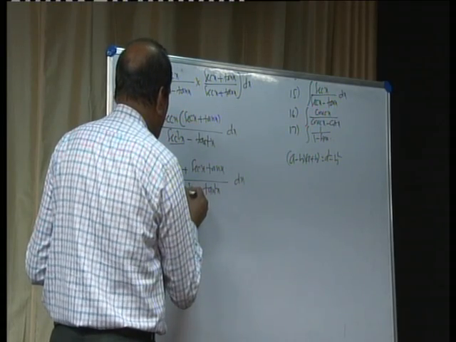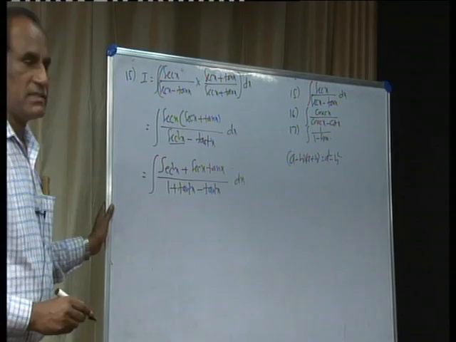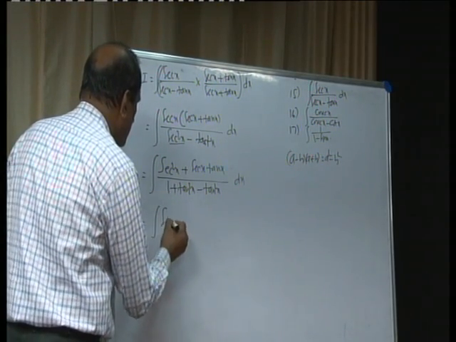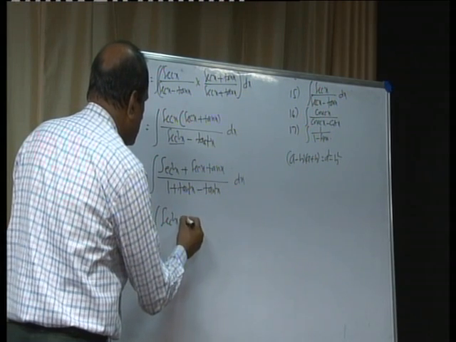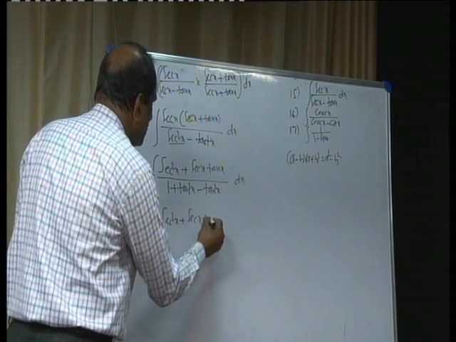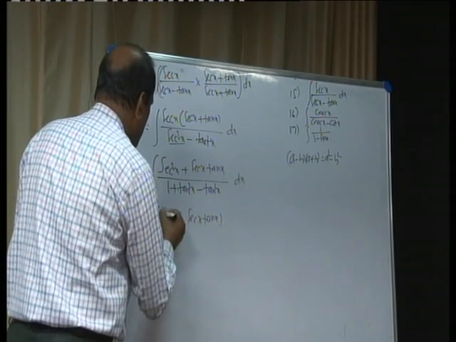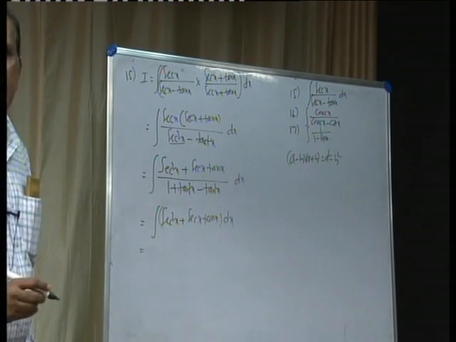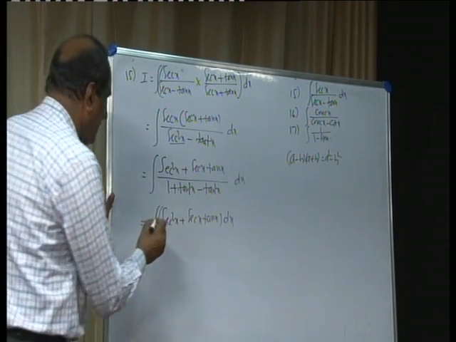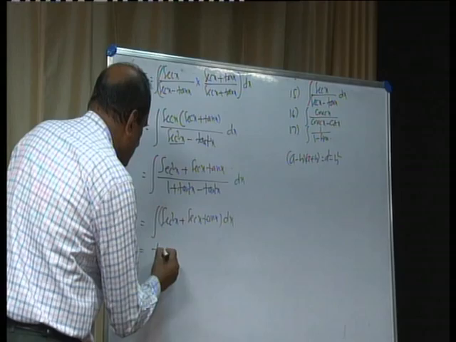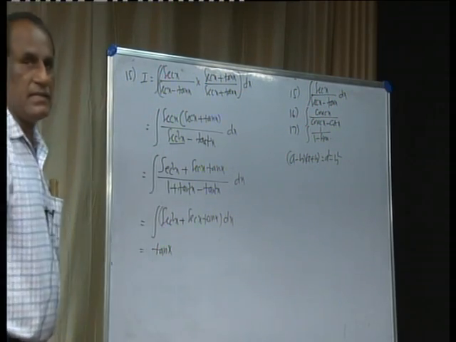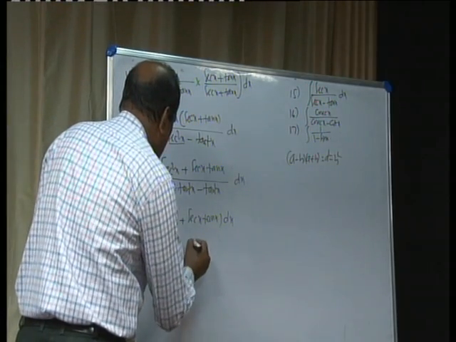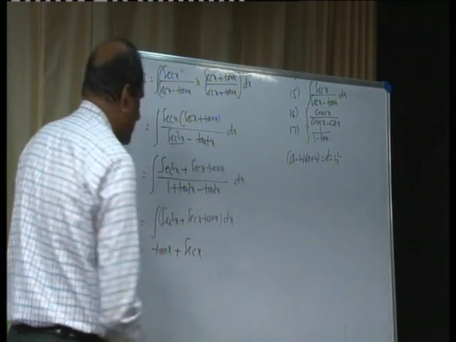See here, plus tan square x minus tan square x cancel, and the denominator is 1. Now write only the numerator: secant square x plus secant x tan x dx. Now integrate term by term. The integration of secant square x is tan x, plus the integration of secant x tan x is secant x.